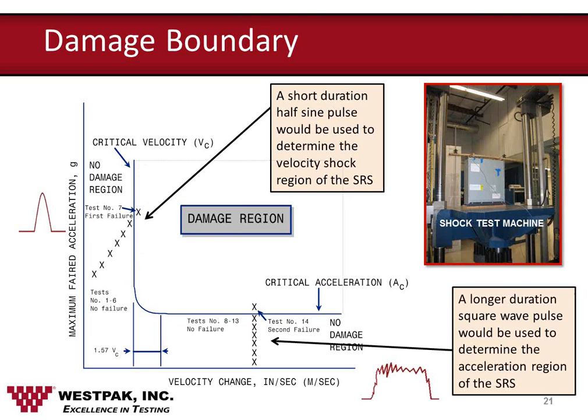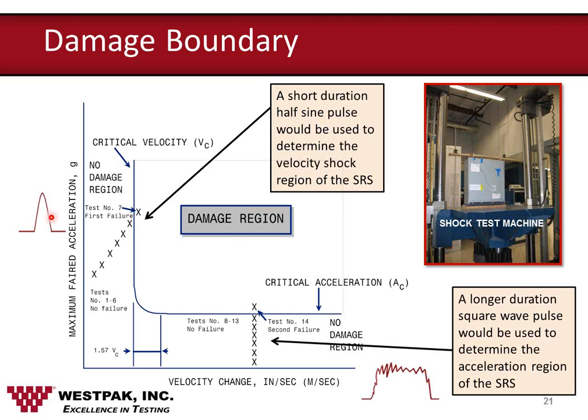To conduct a test, the procedure calls for fixturing a product on the table of a suitable shock test machine and subjecting it to a very short duration pulse. In this particular case, a half sine is used because the shape of the pulse is not important. We typically use 2 to 3 milliseconds for those durations.